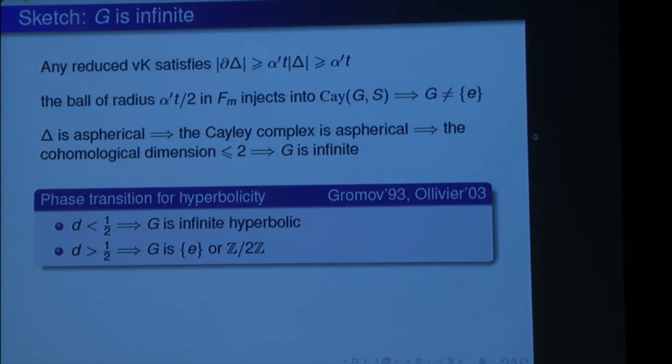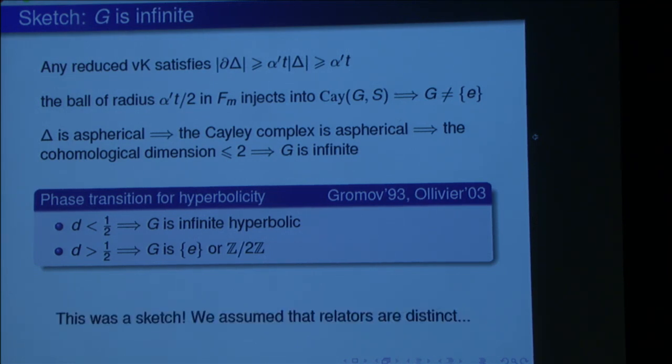Okay? So this gives us this fantastic theorem, which is a phase transition theorem for hyperbolicity at the density model of random groups. But again, I'd like to mention that this was a sketch, right? We didn't consider the case of distinct relators; this is a sketch when all relators are distinct.